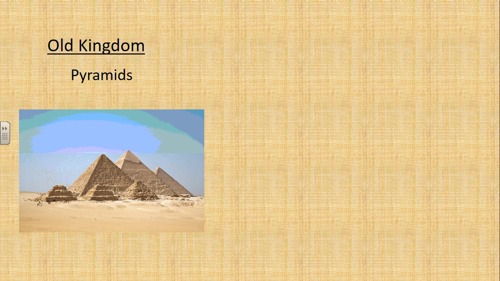Now, during the Old Kingdom, the pharaohs were buried in the pyramids. If you remember, the pyramids were the big tombs. That's where they buried the pharaoh, but also stored the treasure for the pharaoh for the afterlife.